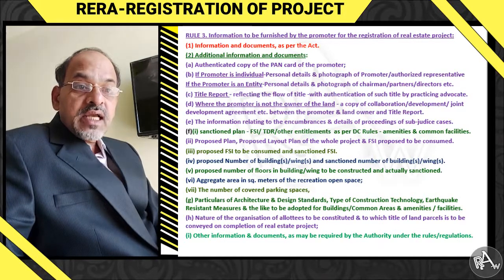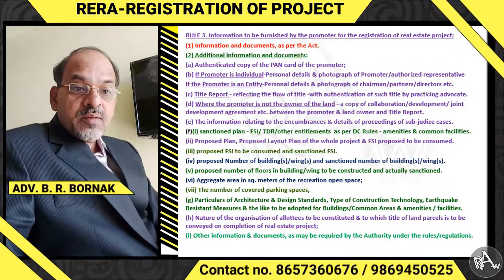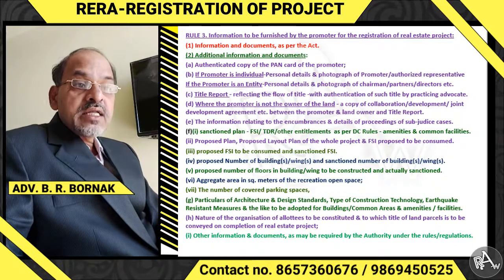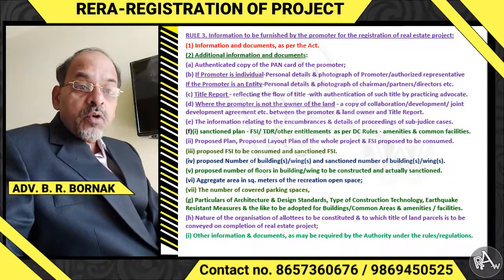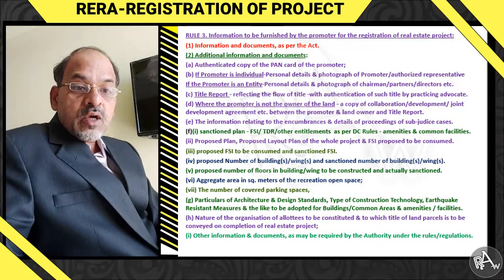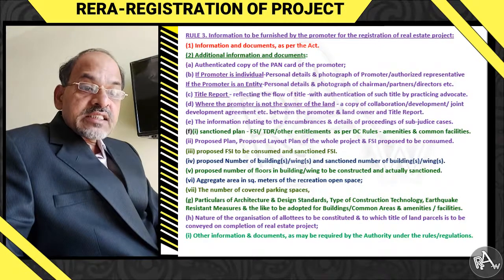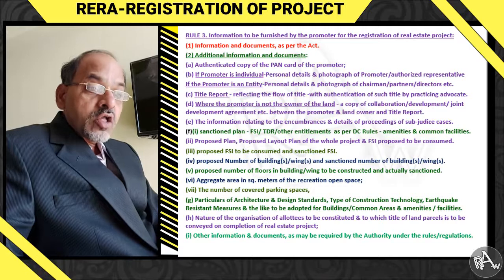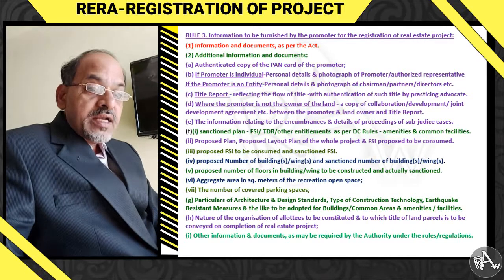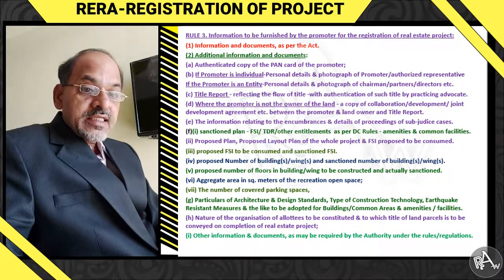Then proposed FSI to be consumed and sanctioned FSI, then the proposed number of building or buildings, wing or wings, and sanctioned number of buildings or wings, then the proposed number of floors in building wing to be constructed and actually sanctioned, aggregate area in square meters of the recreation open space, then the number of covered parking spaces, then particulars of architecture and design standards, types of construction technology, earthquake resistance measures, and the like to be adopted for building common areas and amenities, facilities, etc.